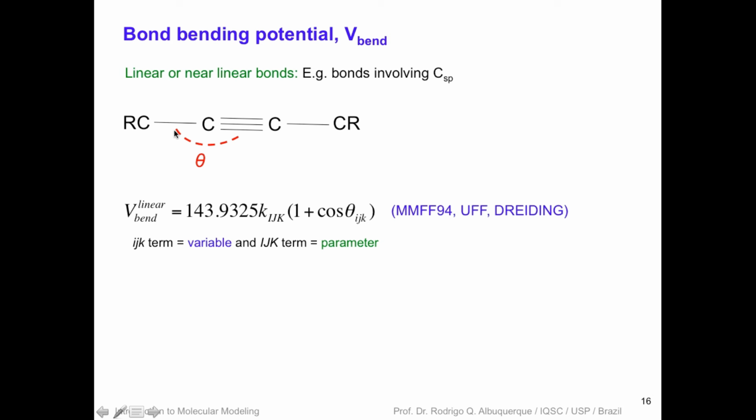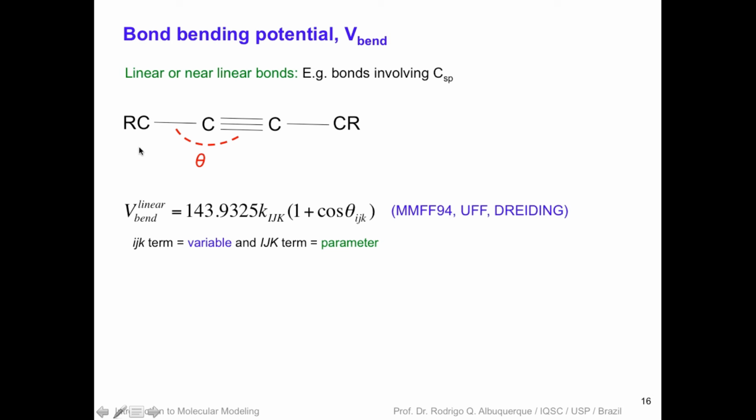And in order to keep this very close to 180 degrees, we use this potential, which is basically an energetic penalty, which forces this angle to be as close as possible to 180 degrees. For instance, when theta is 180 degrees, cosine 180 is minus 1. So this term is minus 1 plus 1 is 0, and the whole bond bending potential is 0.